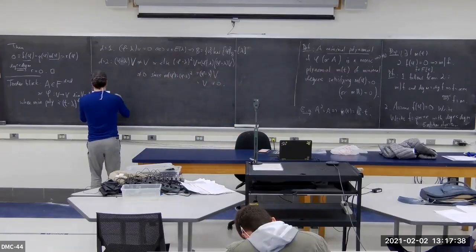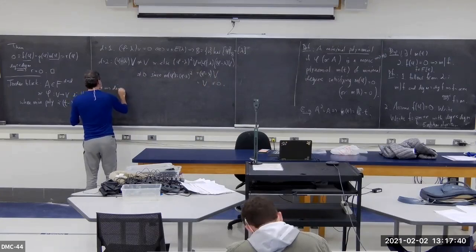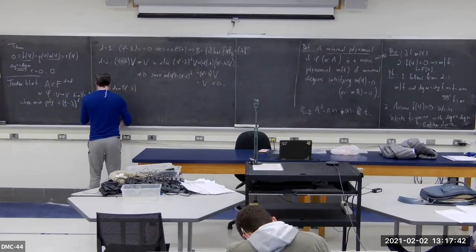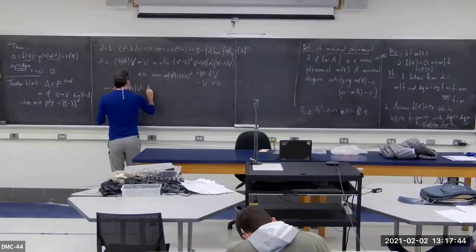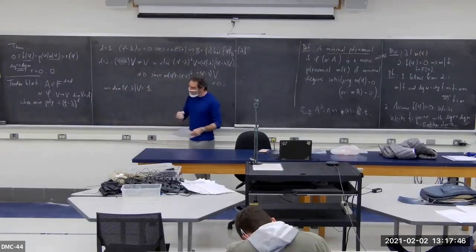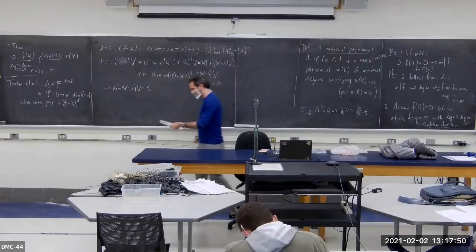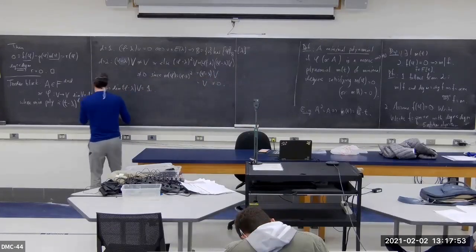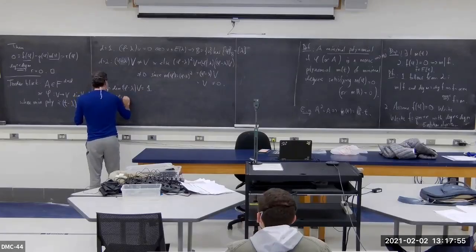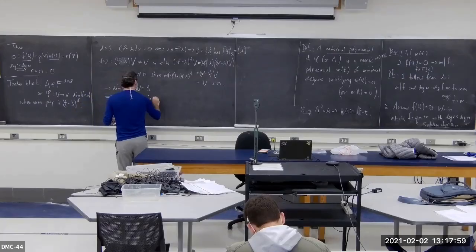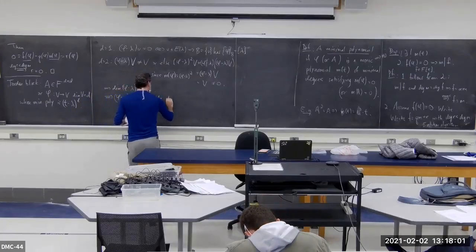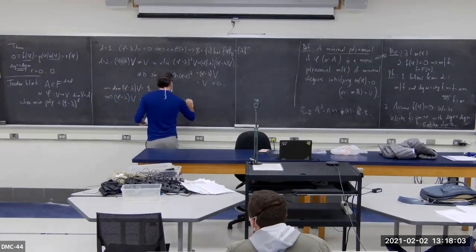So that implies that the dimension of (phi minus lambda) applied to V is equal to 1, because it's not 0 and it's not 2, so it has to be 1. And this means that (phi minus lambda) V is in the d equals 1 case.